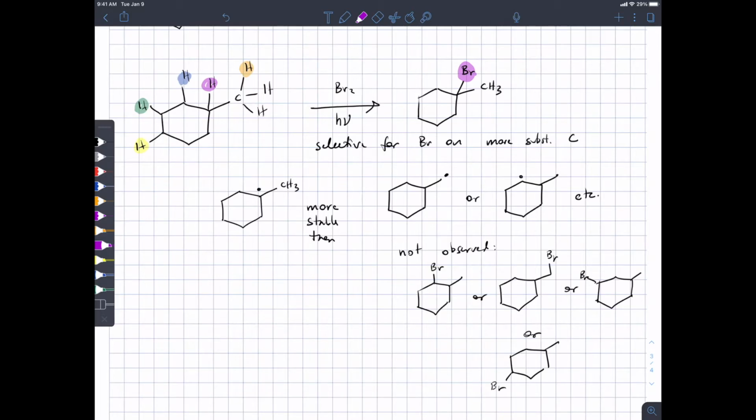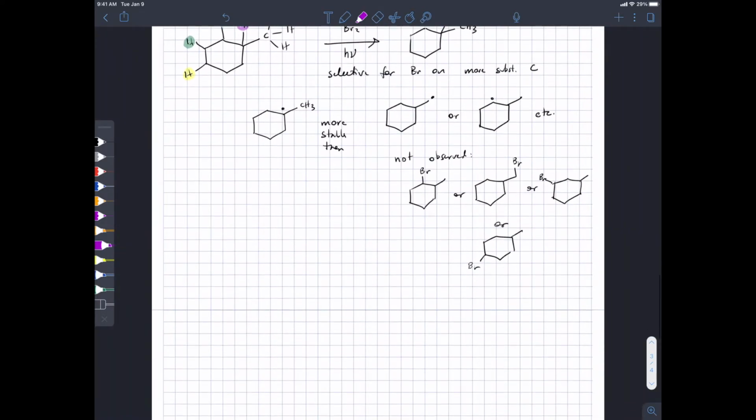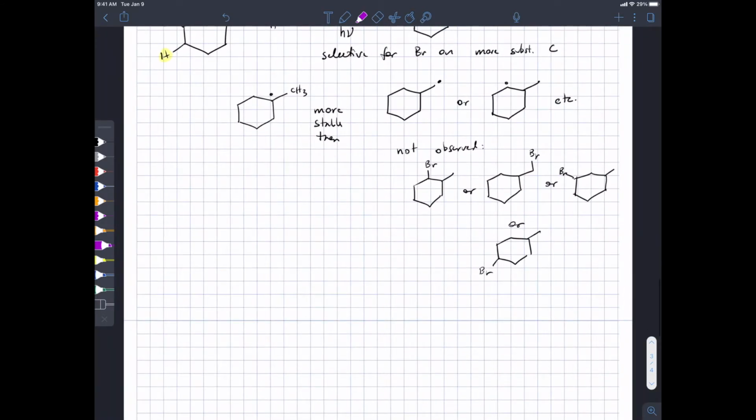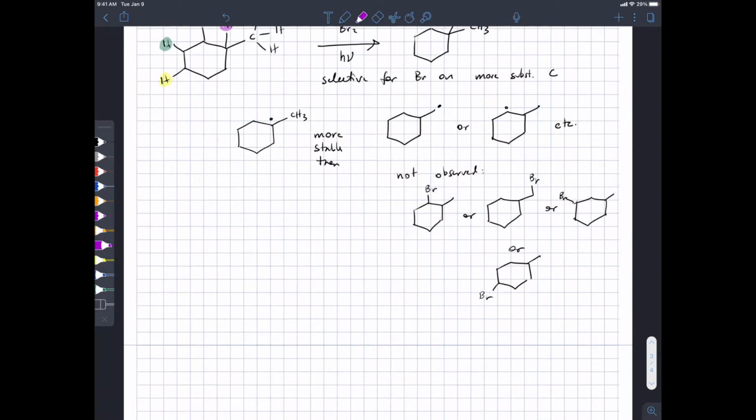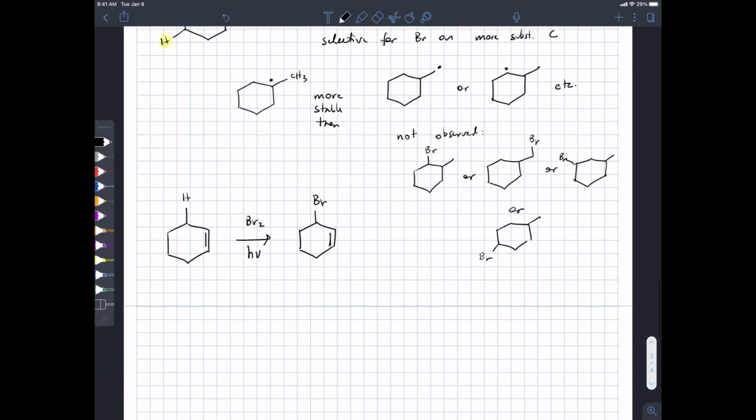I'm trying to think about what we want to do here. You can do this type of chemistry not only on hydrocarbons that are saturated, but you can also do this on molecules that have double bonds. If I use radical bromination conditions, I will selectively install Br at the allyl position.